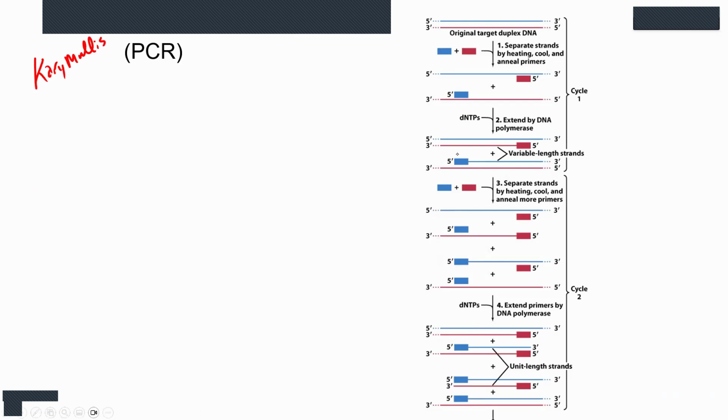Basically it utilizes a series of steps to take one double-stranded piece of DNA and make thousands of them. We kind of take it for granted because it's so simple and so fast and so easy to do now.